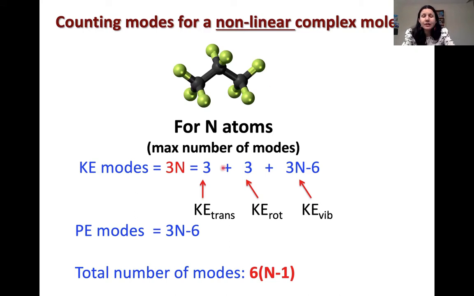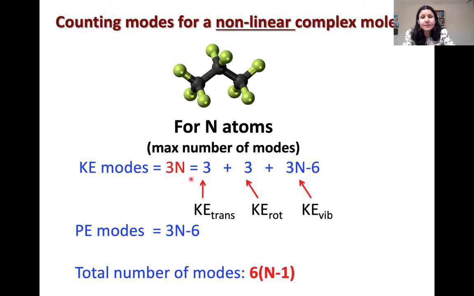So that only equals 6, but we know the total has to be 3n. All the modes that are left are due to vibrations. It's not as simple: when it was a diatomic molecule, there was that one vibration relative to each other, but unless you really know the details of chemistry and which types of vibrations are independent, we cannot just look at this and decide how many vibrational modes there are.